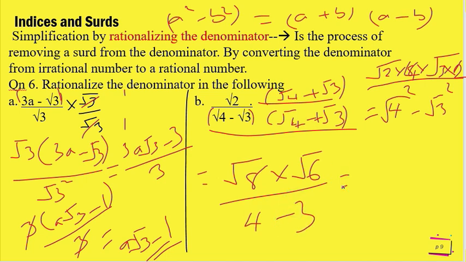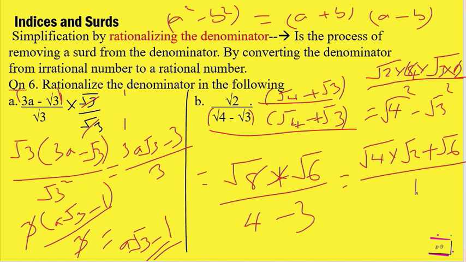So we are getting what? We are getting root 8. Root 8 will be equal to root 4 multiplied by root 2. Then are we multiplying or adding? This is addition, plus root 6, over 1 since 4 minus 3 is 1.